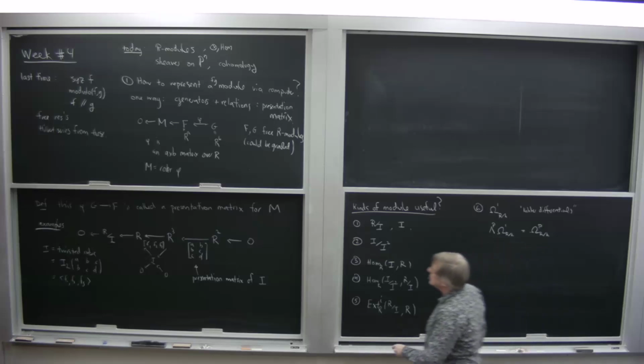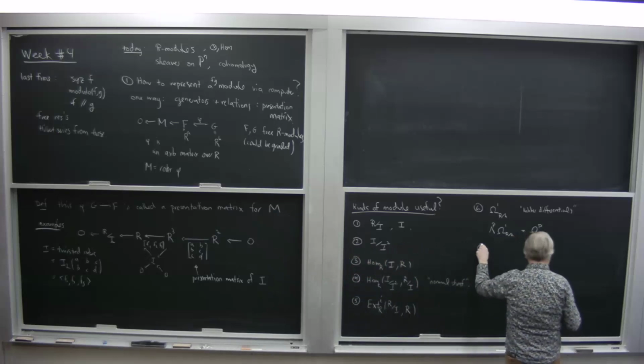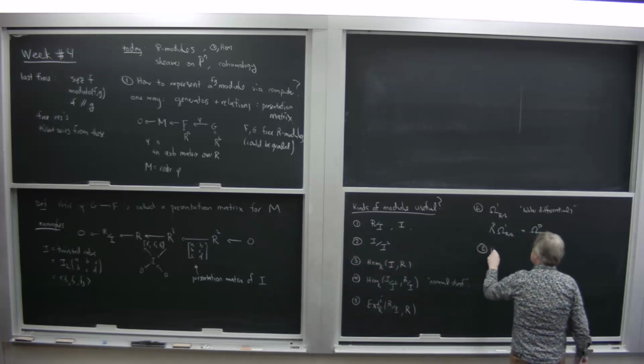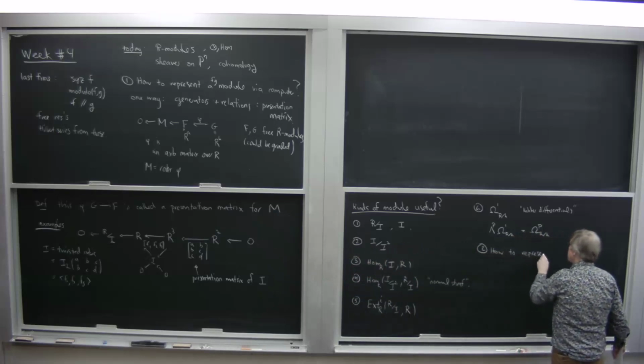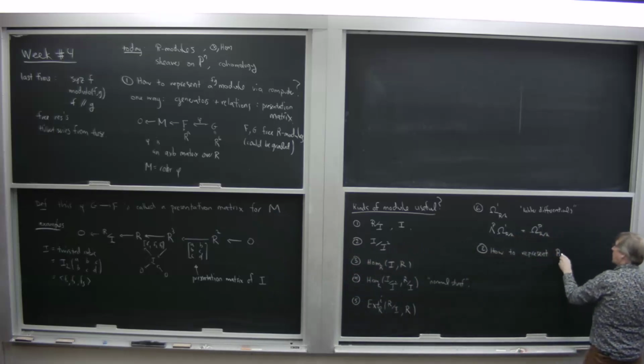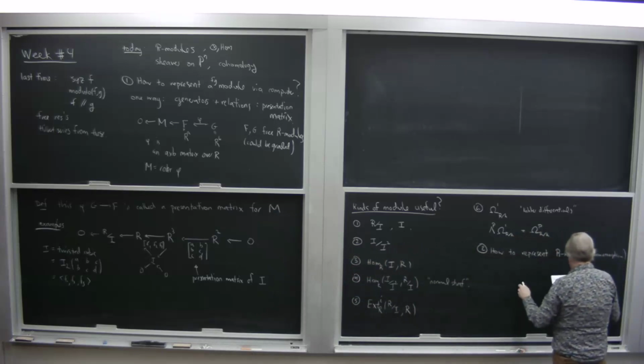That's part 1. And then part 2 here is how to represent R maps. I think I'll just use R maps. This means an R homomorphism, or a homomorphism over R, etc. And we might say, let's give this a name.